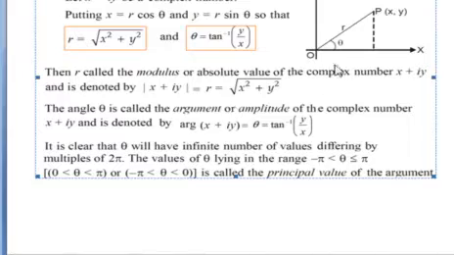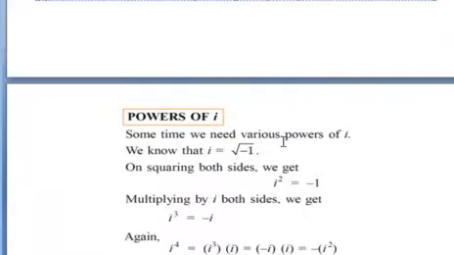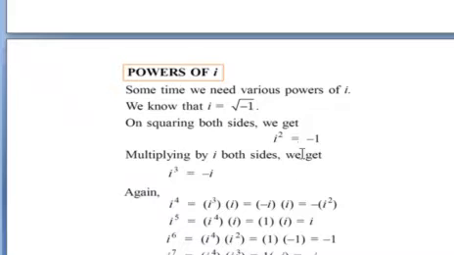Because the argument depends on theta, the first rotation is 2 pi or minus pi to plus pi. This rotation comes repeatedly. So under the first rotation, the value of the argument is known as the principal argument.